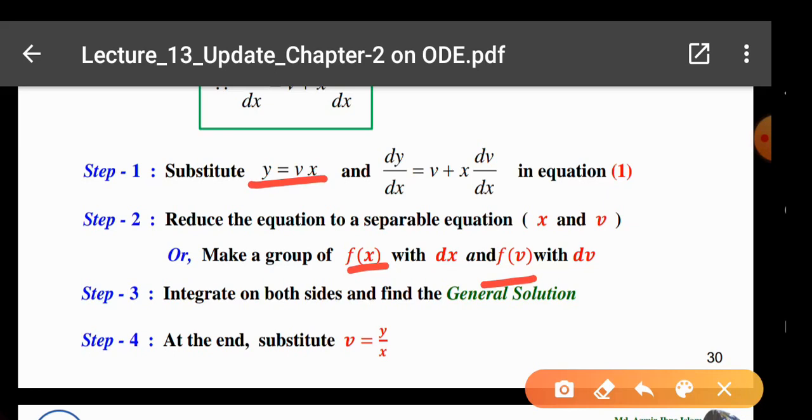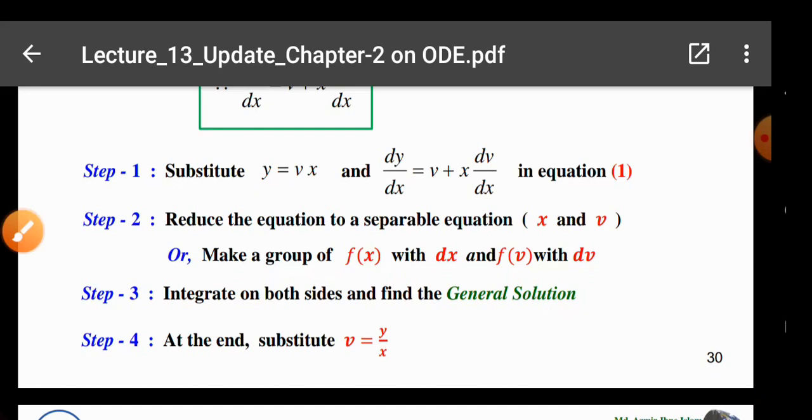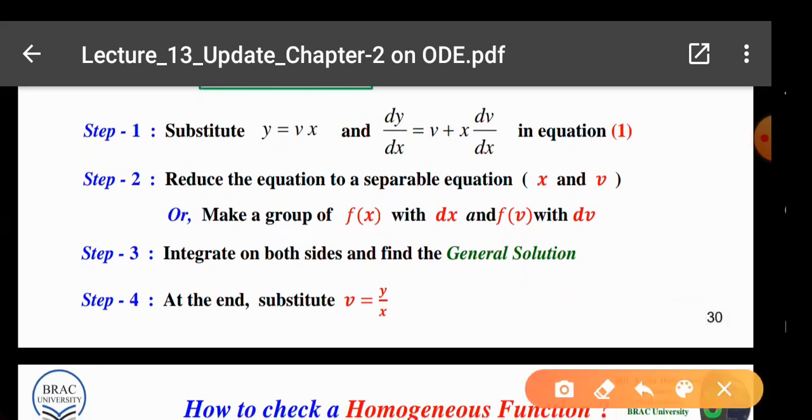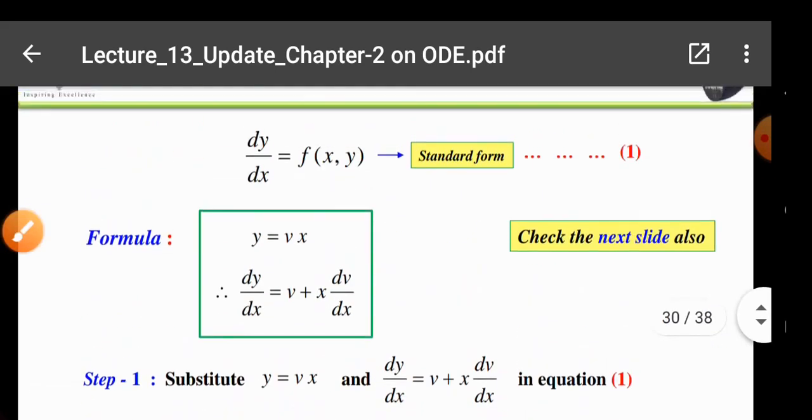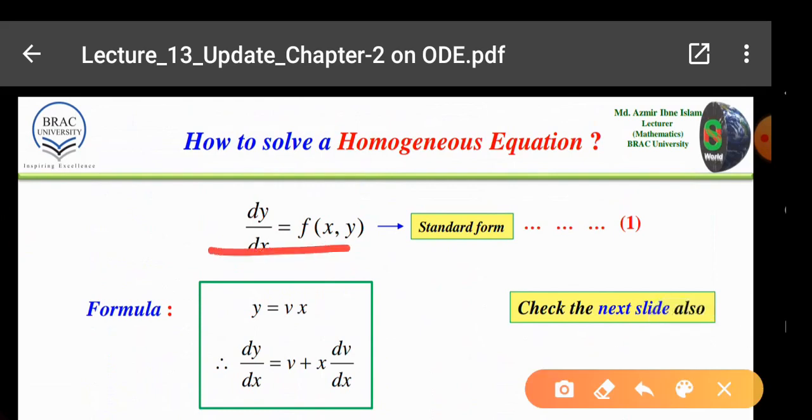That means we have to make a group of f(x) with dx and a group of f(v) with dv. If we can do so, then we have to integrate on both sides in terms of x and v, and you will get the general solution. But the solution is still incomplete because you have found a solution for v, but v is not in this given differential equation.